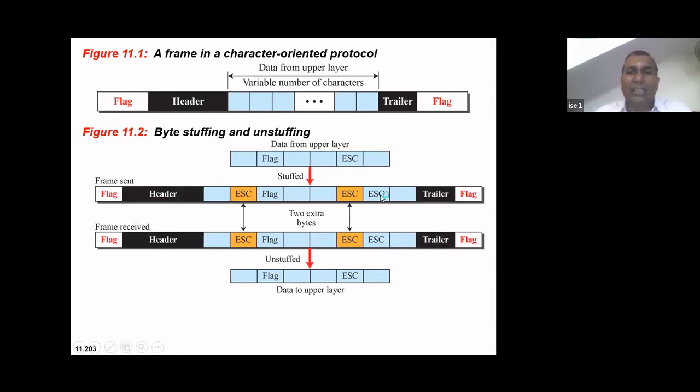So assuming that my escape pattern is all 8 bits being 1, to distinguish this escape pattern, which is all ones, as part of data, I'll stuff one escape character here to indicate that this escape character is part of data, and I'll stuff an escape character here indicating that this flag is part of the data.